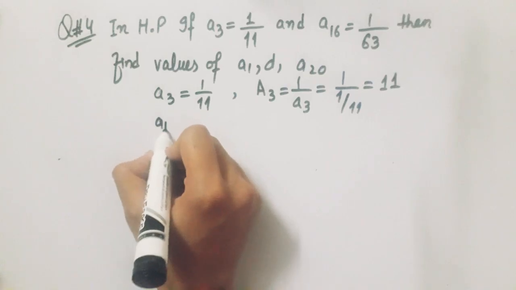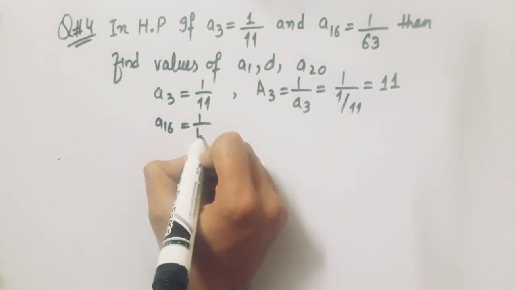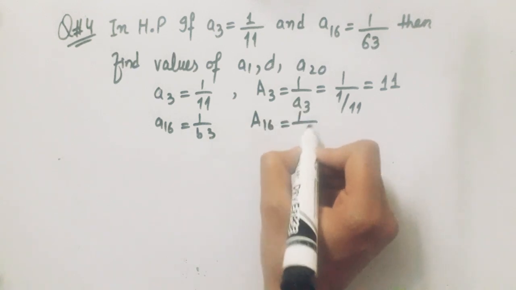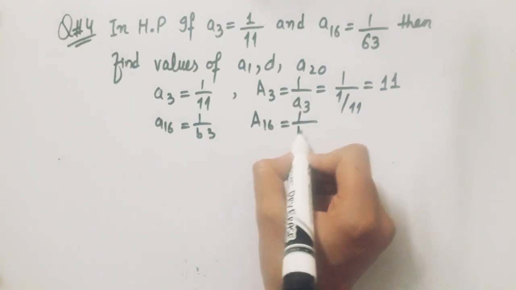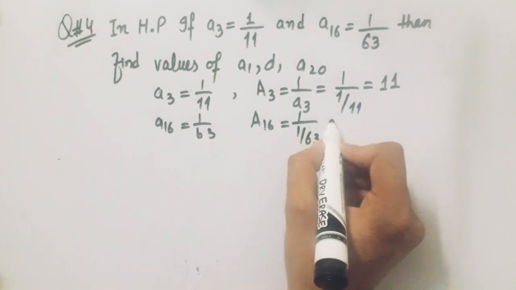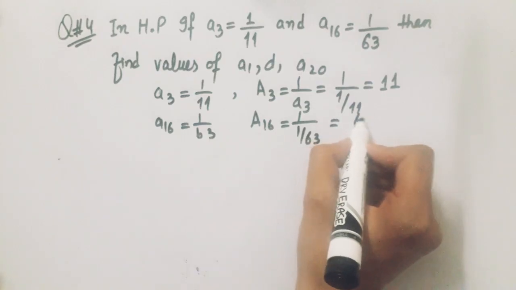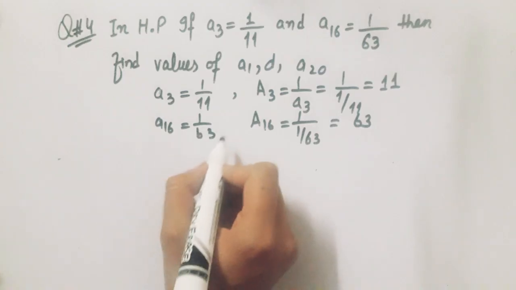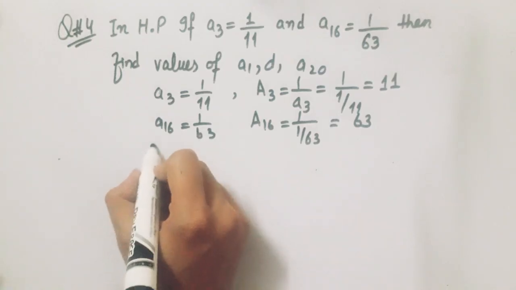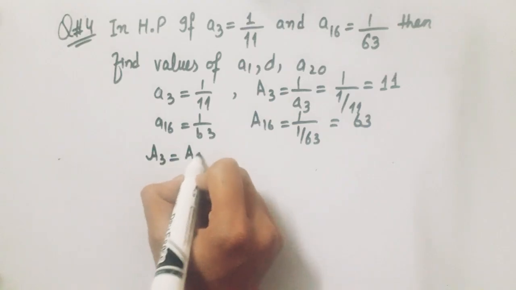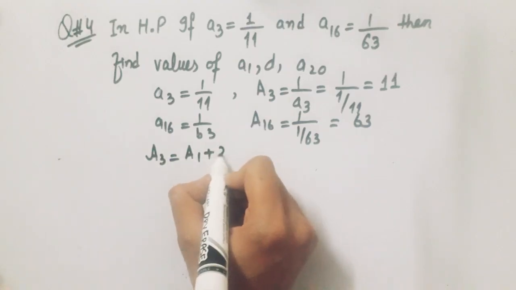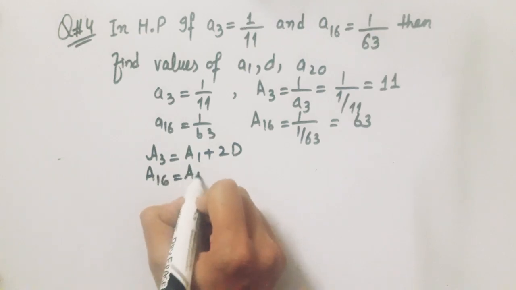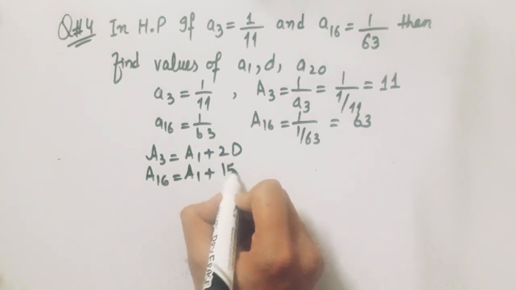So this is equal to 11. And A16 is equal to 1 by 63, and in arithmetic progression, A16 is equal to 1 by 63. So this is equal to 63. Now you will write the formula of arithmetic progression. A3 is equal to A1 plus (n minus 1), meaning 2D, and A16 is equal to A1 plus (n minus 1), meaning 15D.